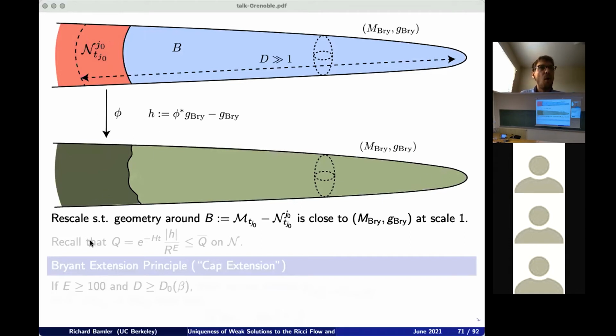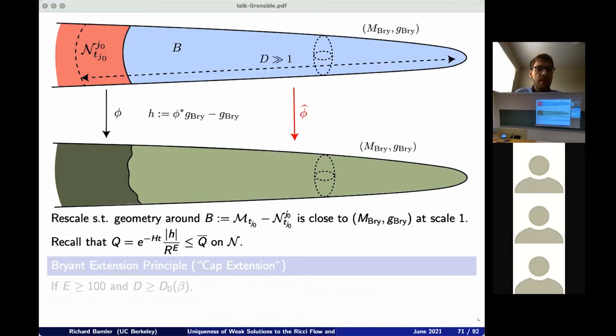And what we want to do is extend this map onto the blue part. The bound that we have is that H divided by R^E is bounded from above by some Q bar. I think I have to adjust this after rescaling.